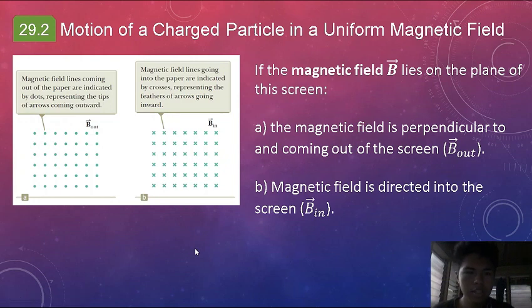So, welcome again guys. This is our second topic, which is motion of a charged particle in a uniform magnetic field. So, pag meron daw tayong magnetic field na lies on the plane of the screen or the page, we can use the green vectors or green field lines with arrowheads.